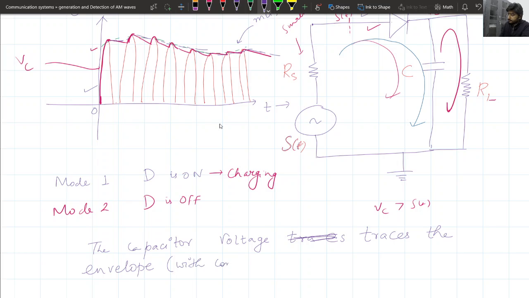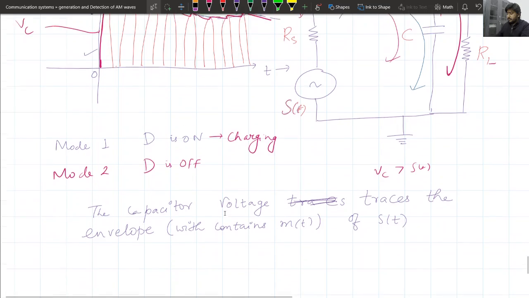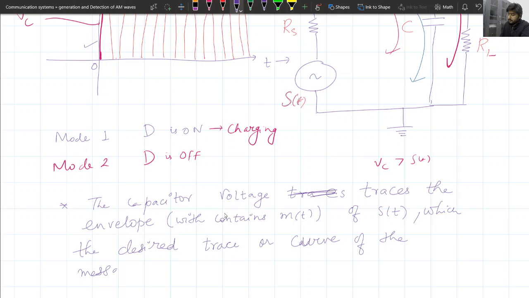which contains m(t). This is the envelope of s(t), which is the desired trace or curve of the message signal m(t).